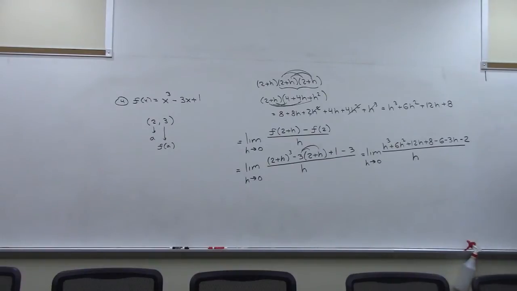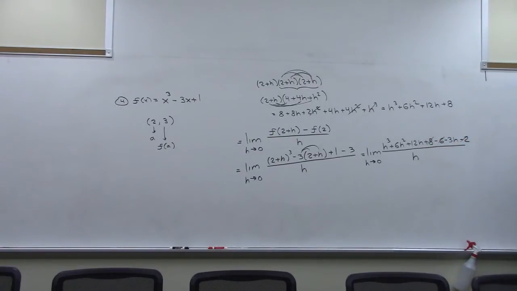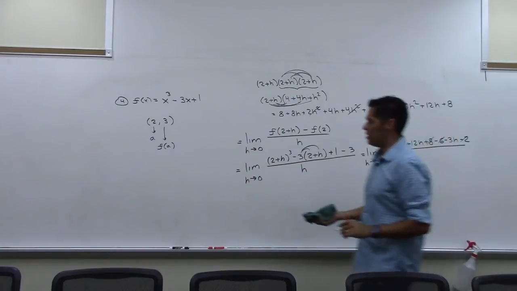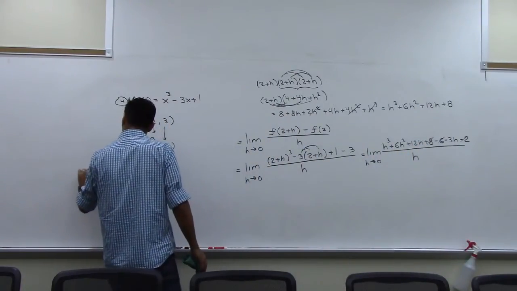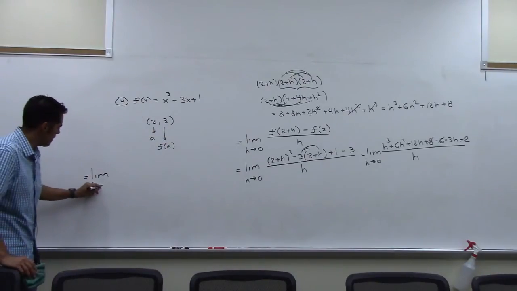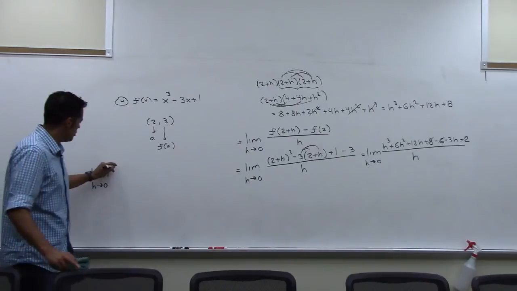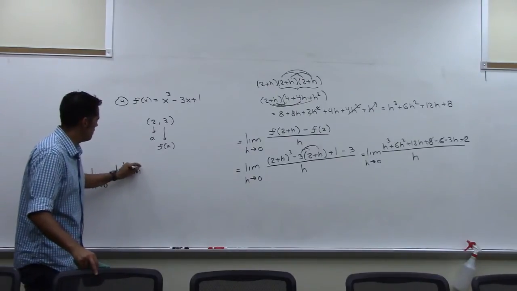Now if we've done everything right, we should be able to get this h to cancel. And I think you can see that 8 minus 6 minus 2 is 0. And everything else you have left there has an h in it. So let me come over here. This is the limit as h goes to 0 of h cubed plus 6h squared.